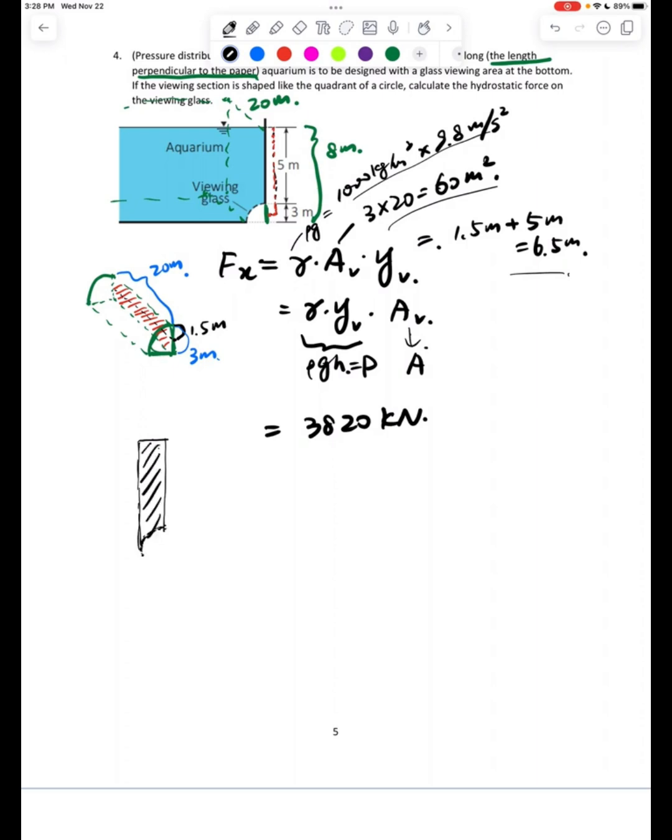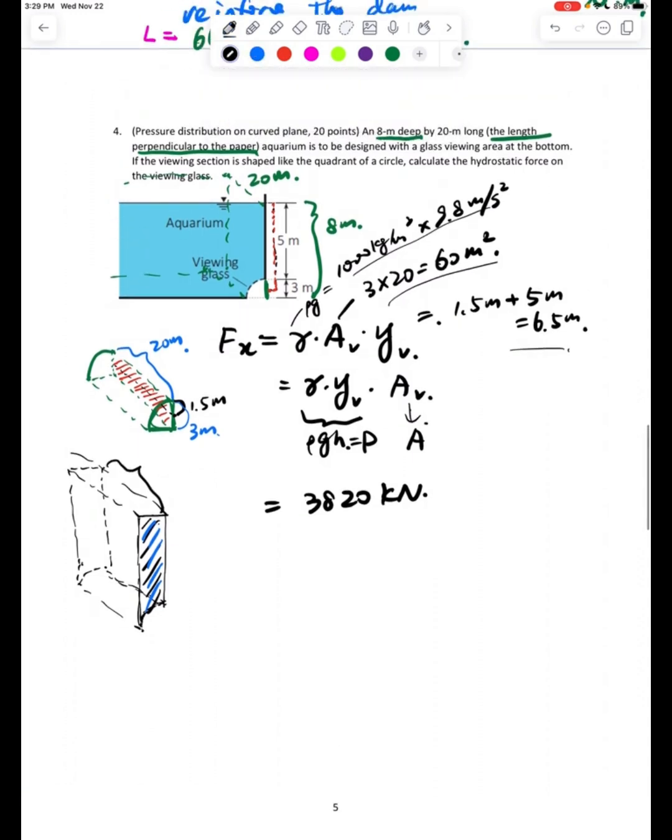And if you draw it, it will look like this. Yes, correct. And we can calculate the shaded area here, then multiply by this length, which is 20.